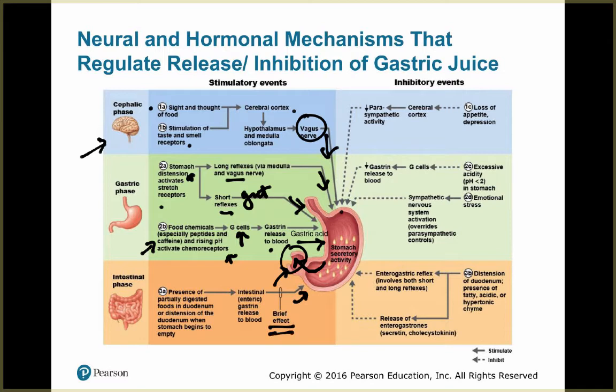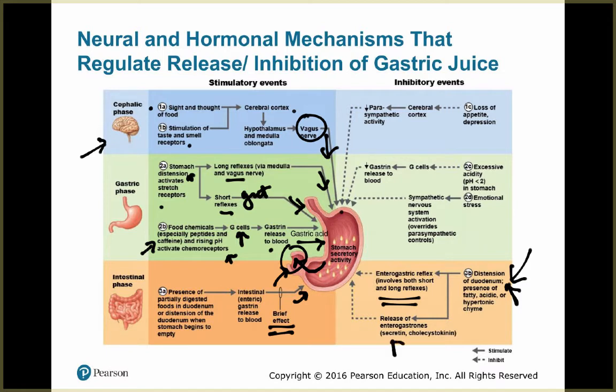This is brief though, right? Immediately after that, you get into the inhibitory effects. Once you get a certain amount of stretching of the duodenum, a presence of fatty, acidic, or hypertonic chyme, then you're going to get an inhibitory effect.